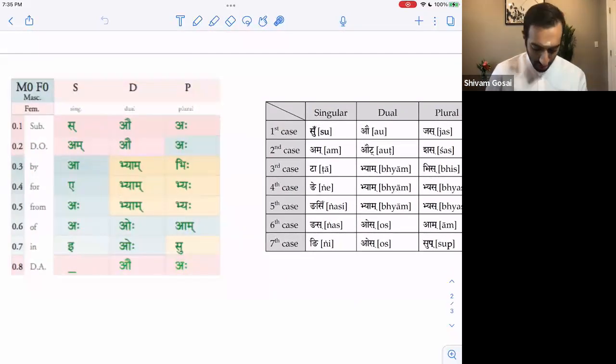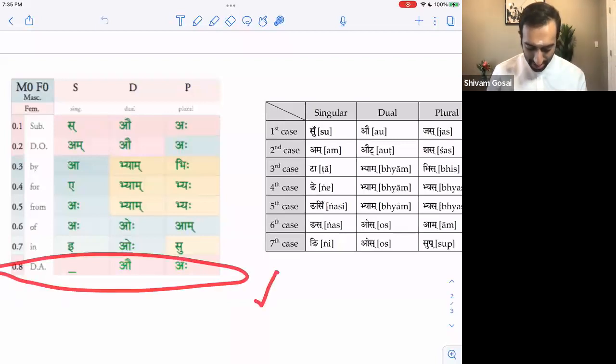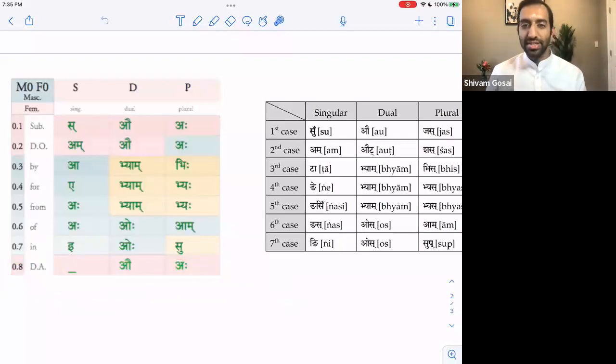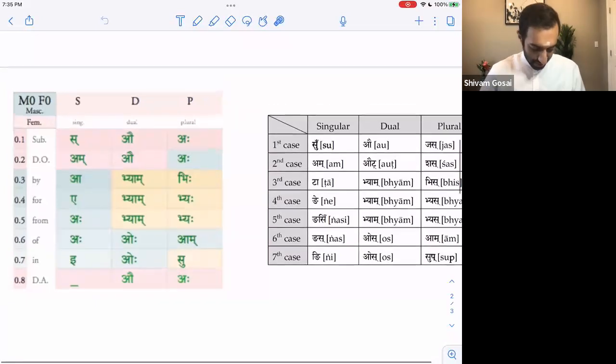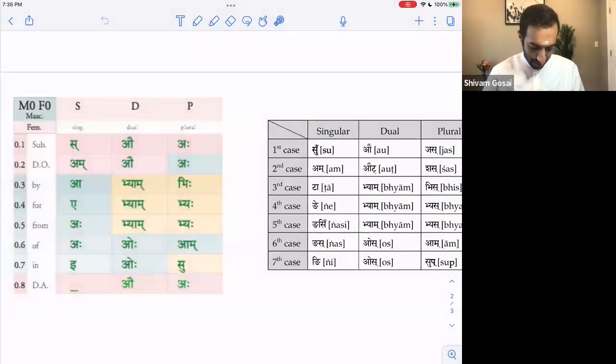So notice how there's no eighth section here because there's only seven cases. Sambodhana is only a variation of the first case. Okay, so we'll go to our Sadhana Bodhini.